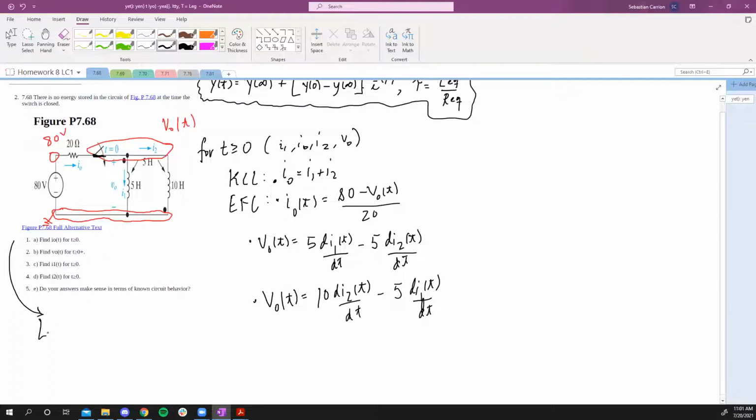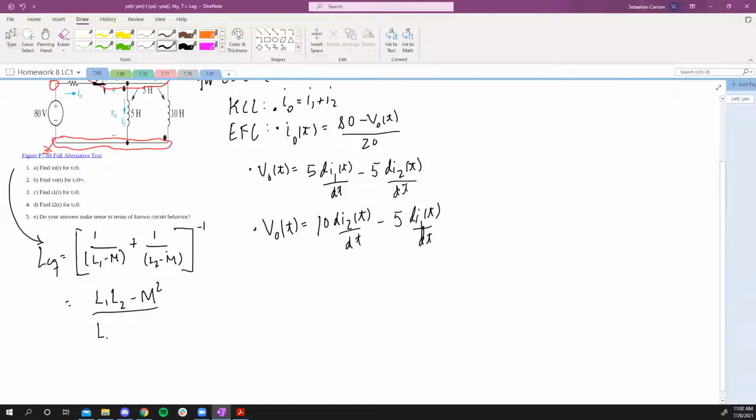So our equivalent inductance would look like this: the first inductor times the second inductor minus the mutual inductance squared, over the first inductor plus the second inductor plus 2 times the mutual inductance.